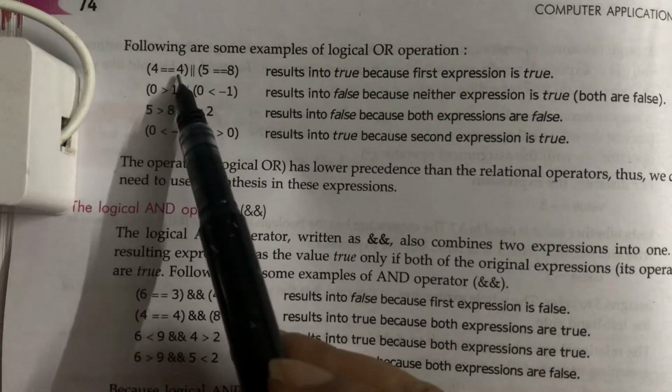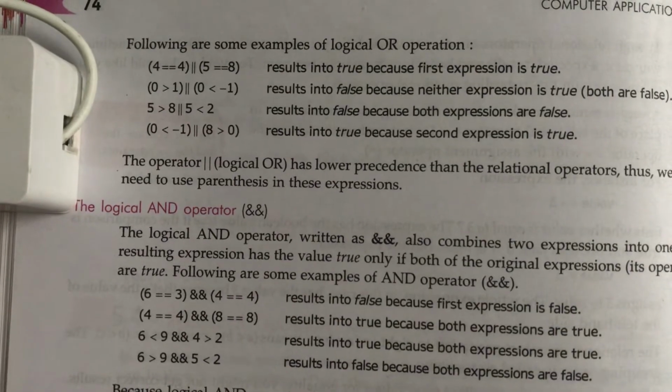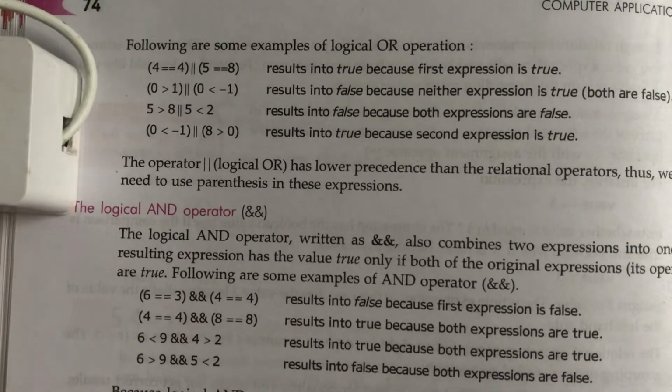Now I can explain this with the help of a written example. Now if you see here, they have written 4 double equal to 4 or 5 double equal to 8.